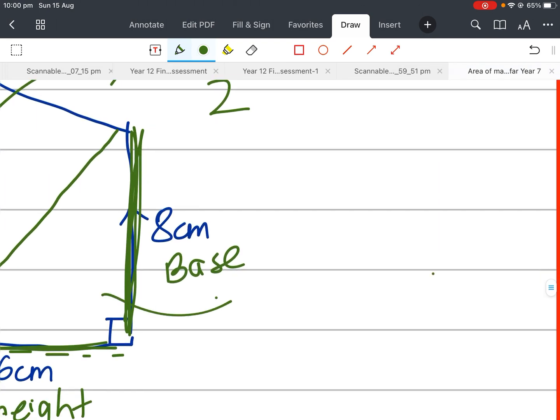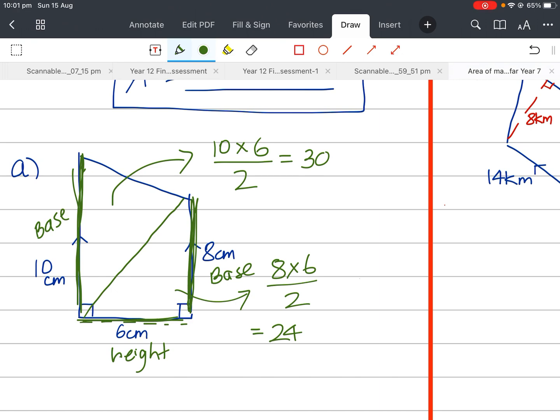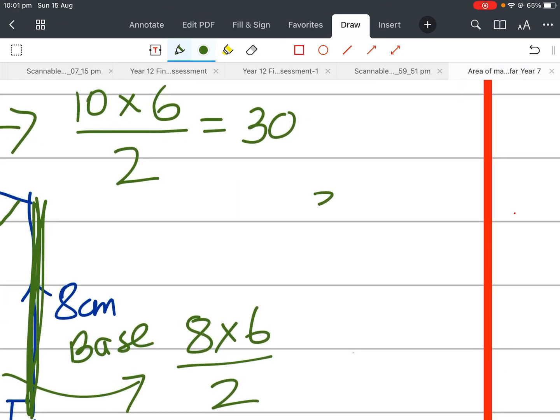And this one, base times height, is 8 times 6 this time, over 2. 6 8s are 48. 48 divided by 2, trusty calculator, is 24. Okay, and then we would obviously add those together. 30 plus 24 equals 54.